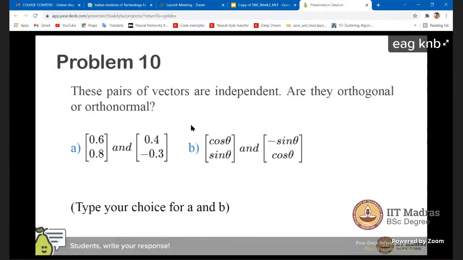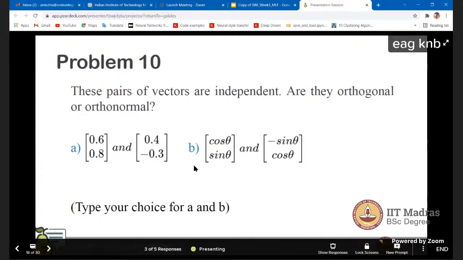Work it out and then give your answers. Okay, you got 3 responses.